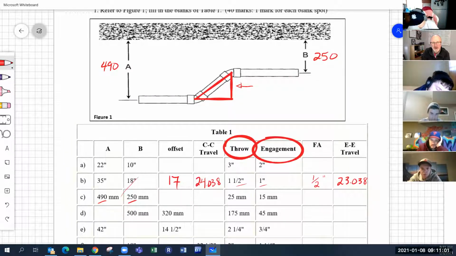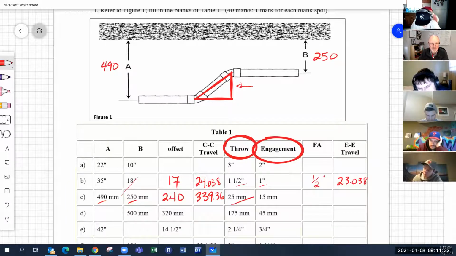So I could find my offset by taking 490 minus 250, and that equals 240. And I can find the travel now by taking 240 and multiplying it by 1.414. And that equals 339.36.